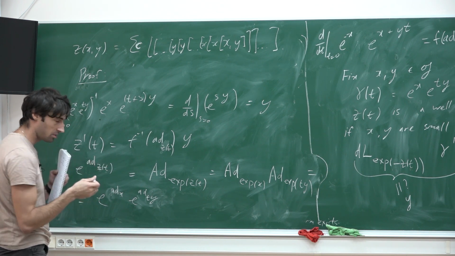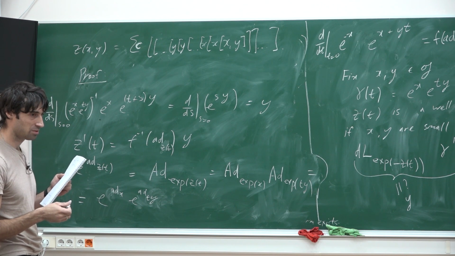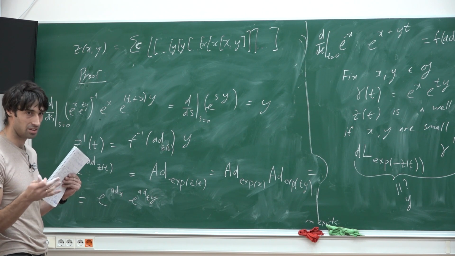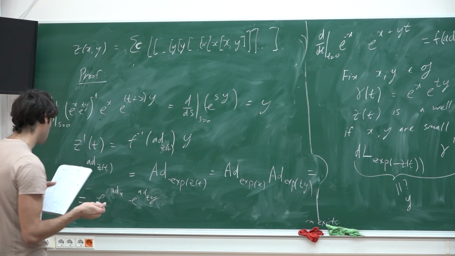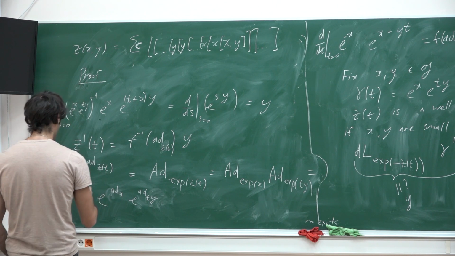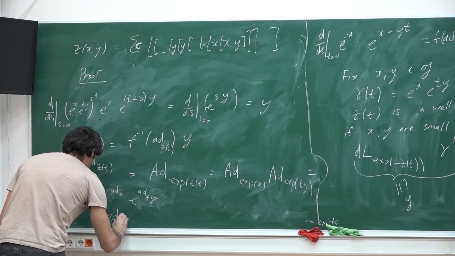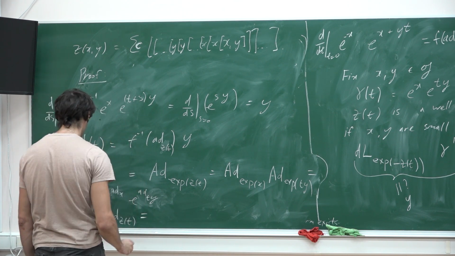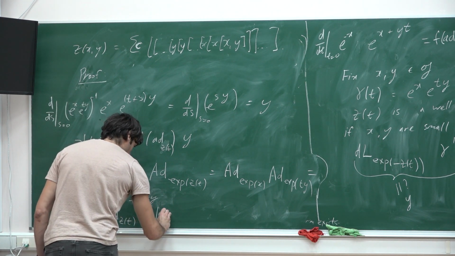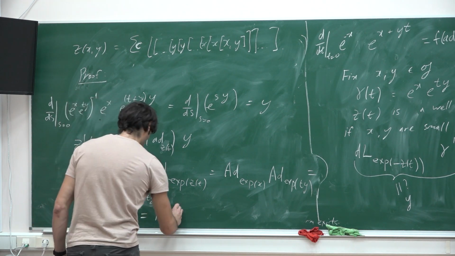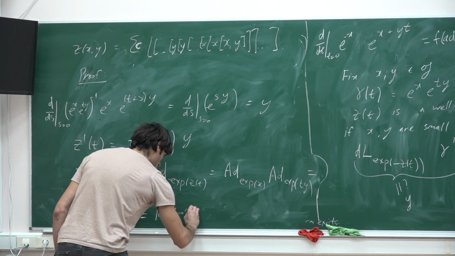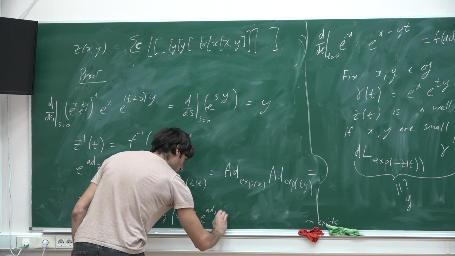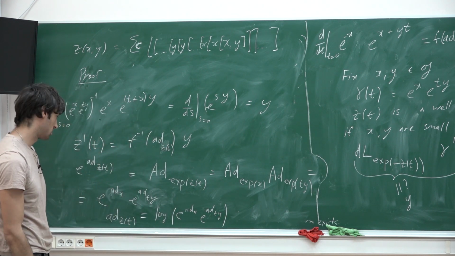I don't want to do anything with norms of linear functions, but if we're close to 0 in some usual sense, I can write down ad z of t as a series, which is actually a logarithm of this e of ad x, e of ad ty.